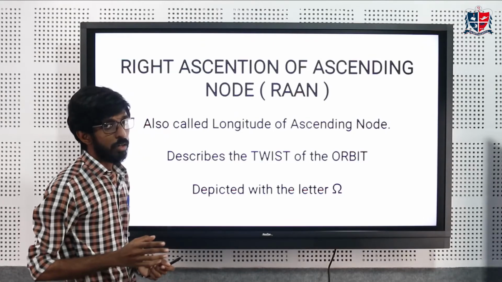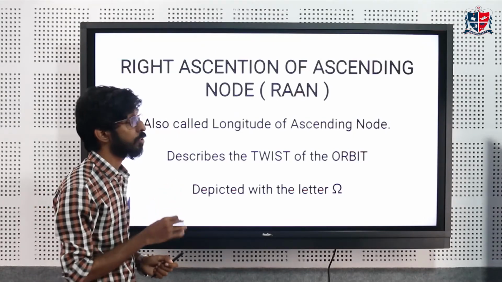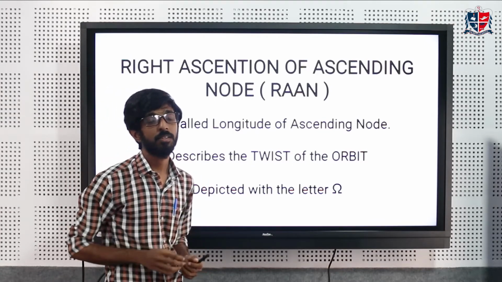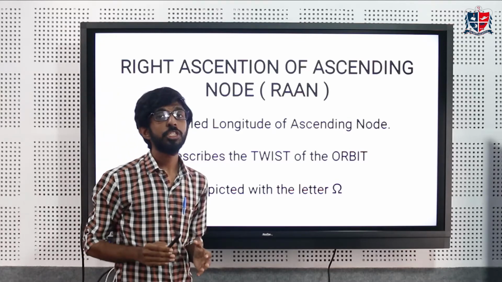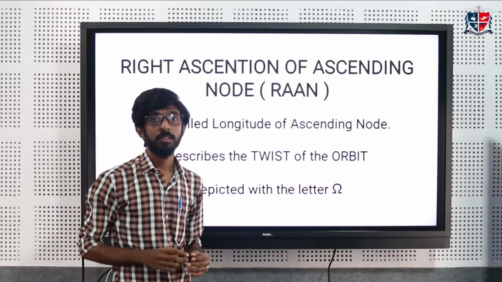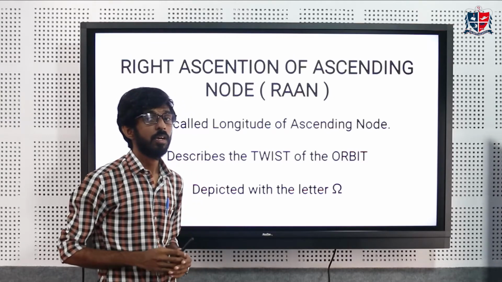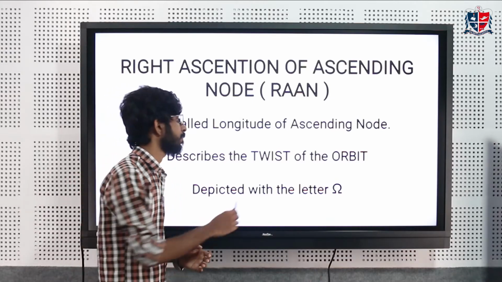Now, the next orbital element is called right ascension of ascending node, or RAAN in short. It is also called the longitude of ascending node. This orbital element describes the twist of the orbit, and it is indicated with the letter omega.